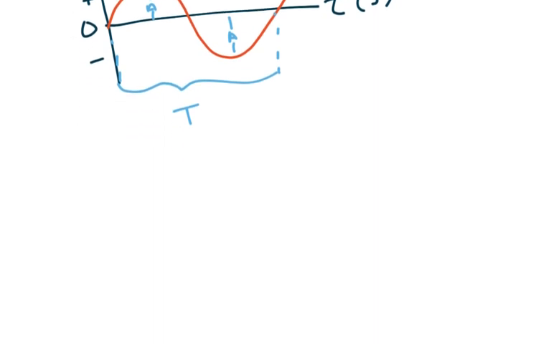The other things we talked about with waves was velocity is wavelength divided by time. But velocity or wave speed can also be found by wavelength times frequency, or distance divided by time.